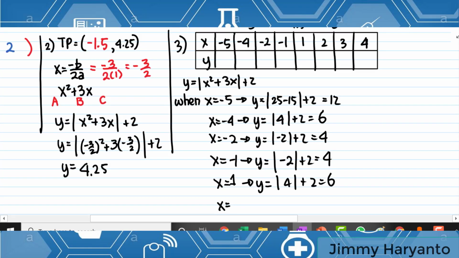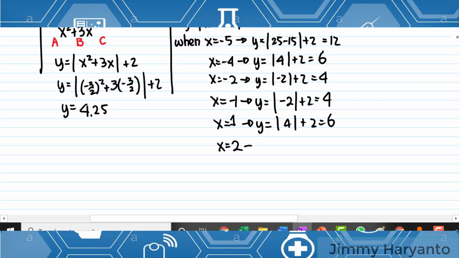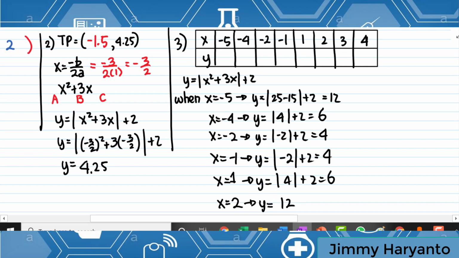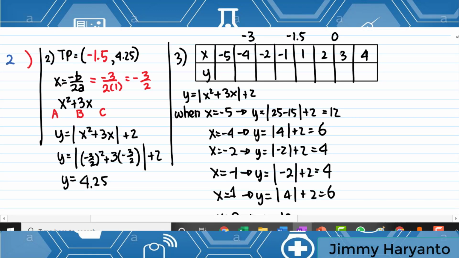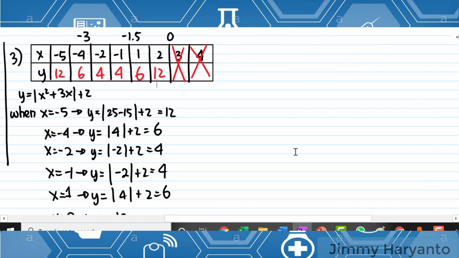So when I calculate 2, the result will be 12, 3, maybe it's big number, so we can eliminate 3 and 4. Okay, so I have 12 right here, and then 6, 4, 4, 6, and 12. There you go, and then we have to sketch it.